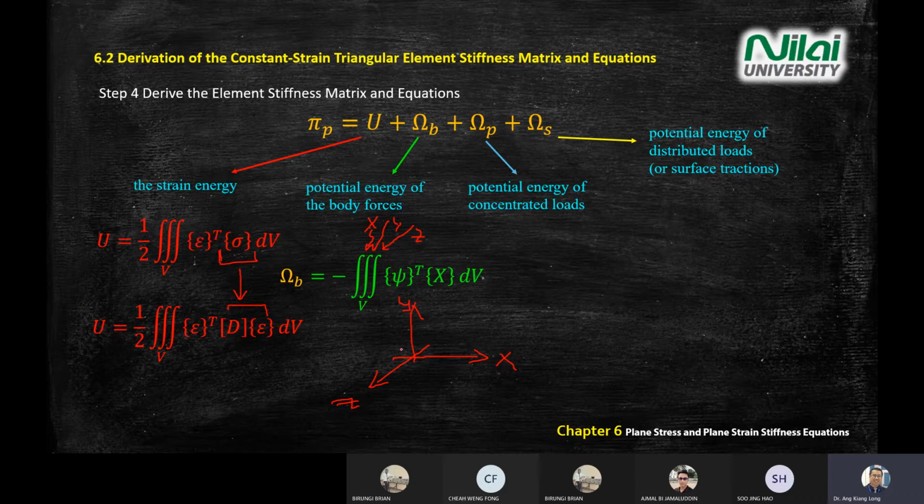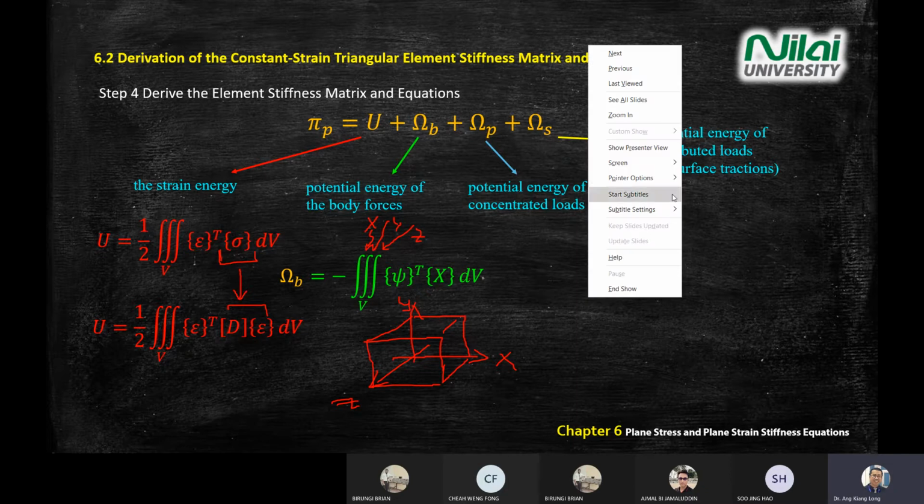If you integrate y and x, you get this plane. And if you integrate in the z direction, you will get volume. So this is a potential energy inside our system.